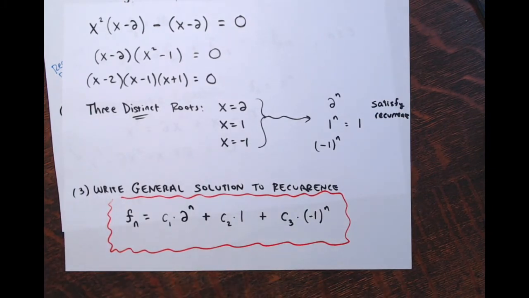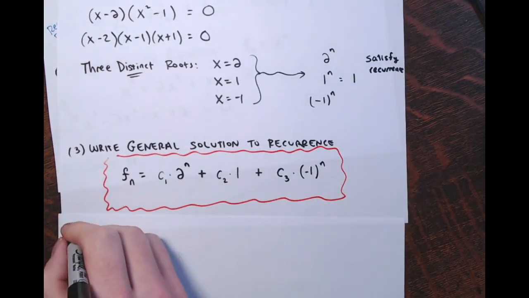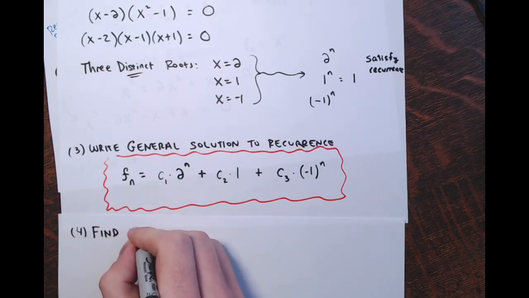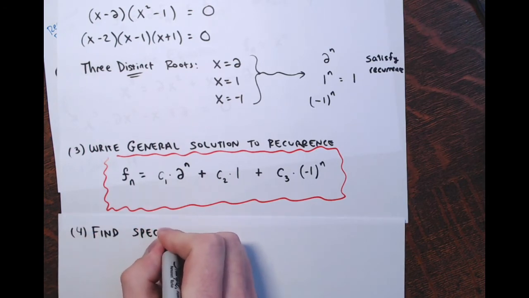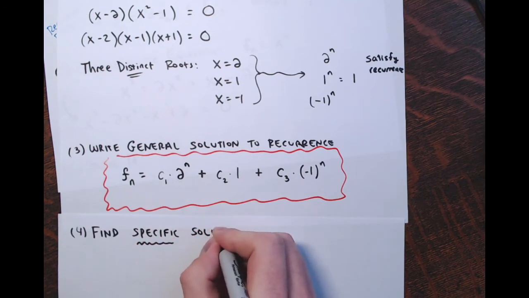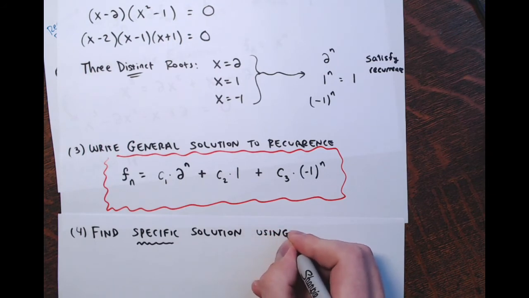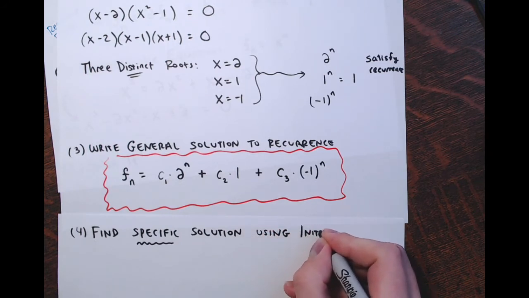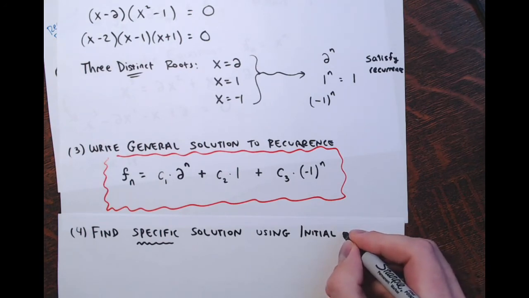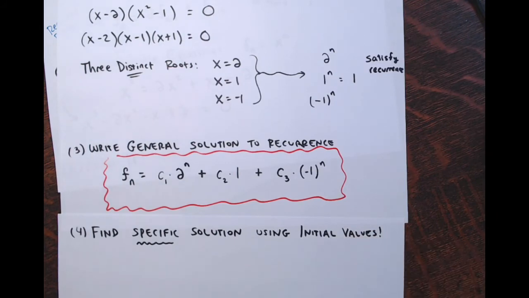So you find the specific solution to the recurrence using the initial values, or those base cases, whatever you want to call them. And this will be the end.